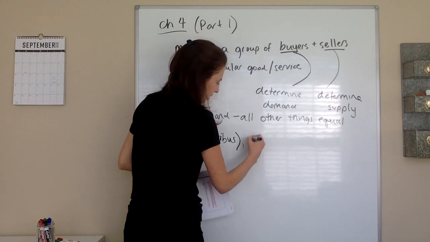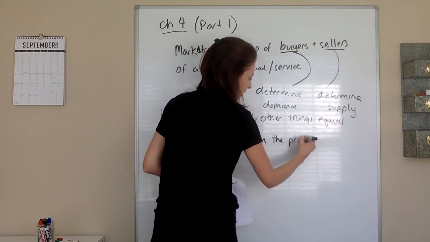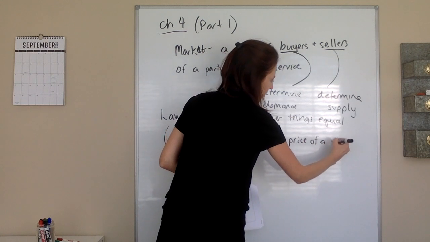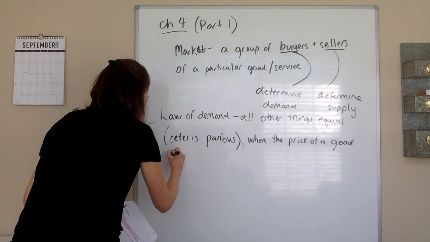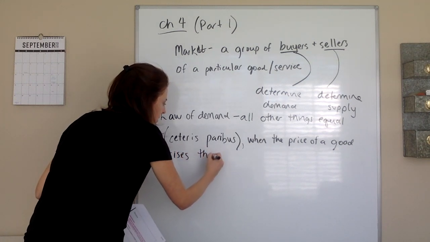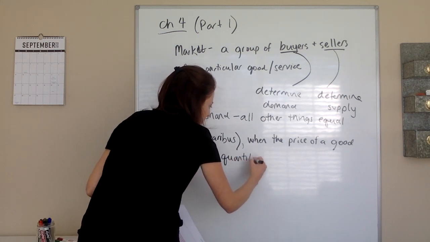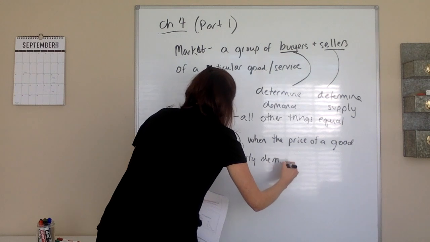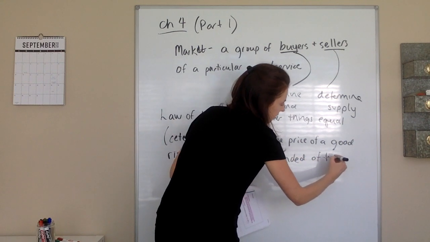Okay, when the price of a good or service, but we'll just put in good here, rises, the quantity demanded falls. And I should add in the quantity demanded of the good.